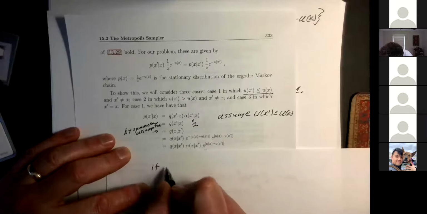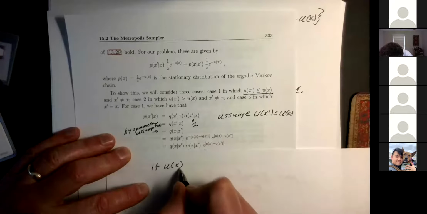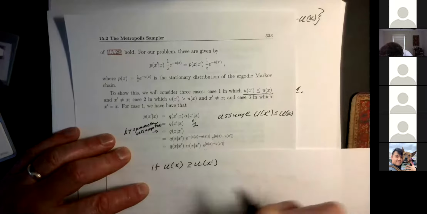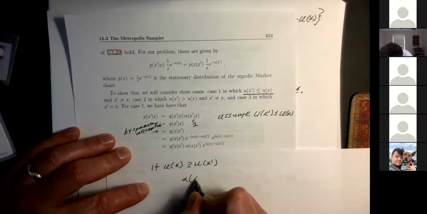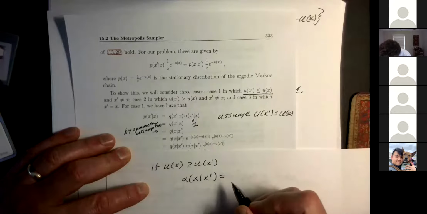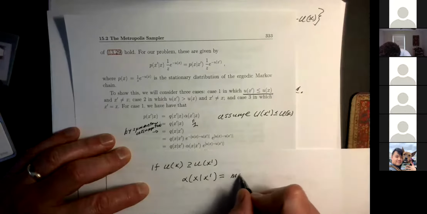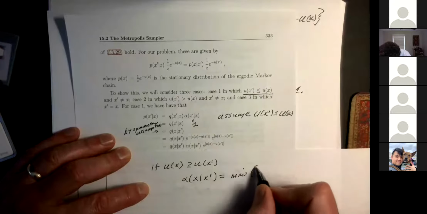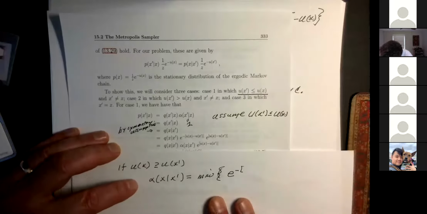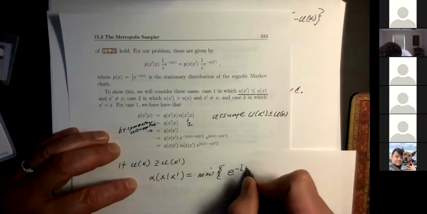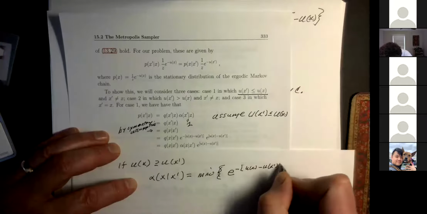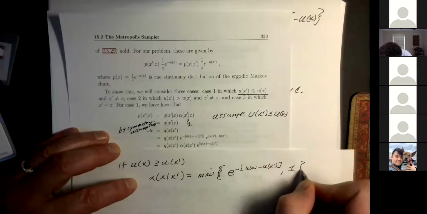If U of x is greater than U of x prime, then alpha of x given x prime is equal to the minimum of e to the minus (U of x minus U of x prime) and 1.